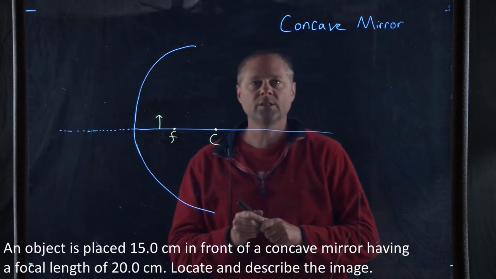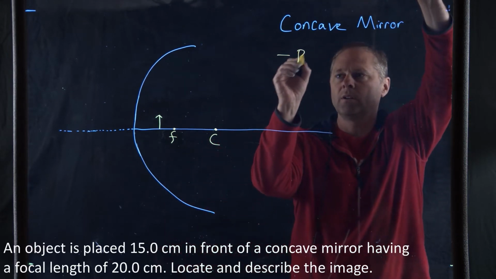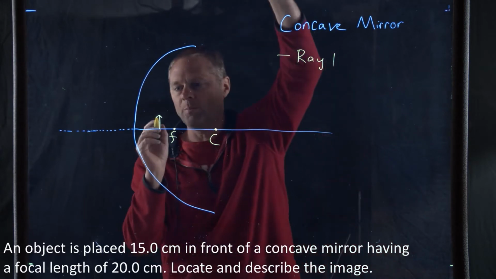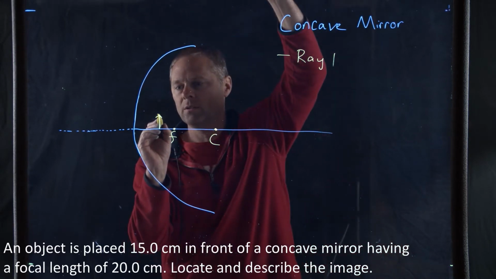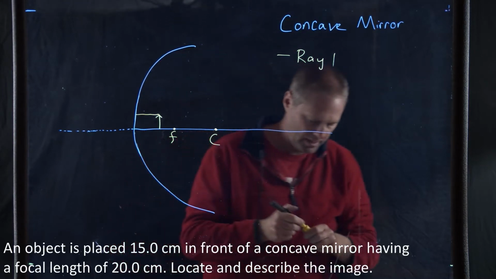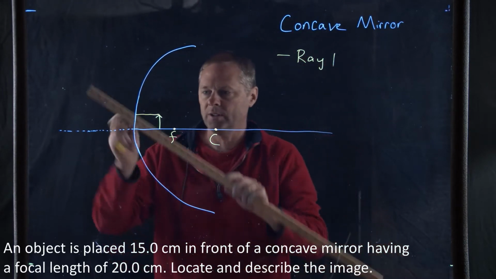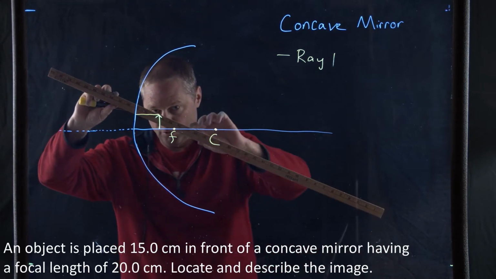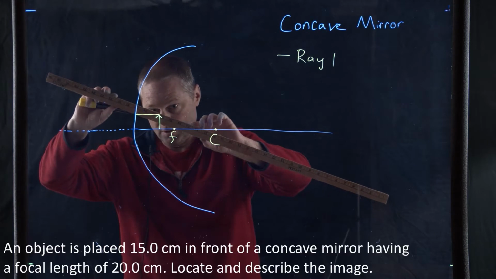I'm going to use yellow once again. It's going to represent ray 1. Ray 1 is going to go parallel to the principal axis, all right? And then it goes through the focal point. Now I'm going to use this meter stick because I'm terrible at drawing straight lines.